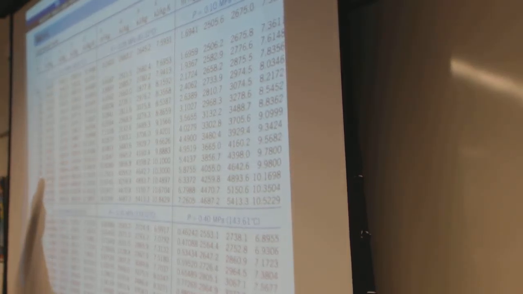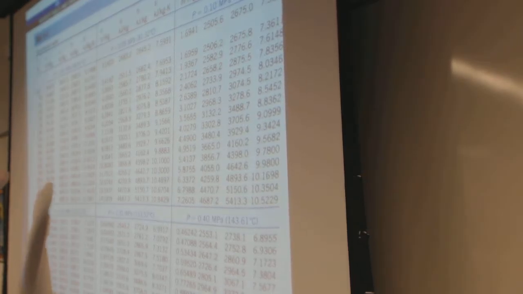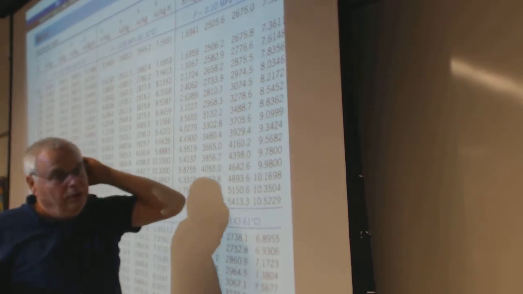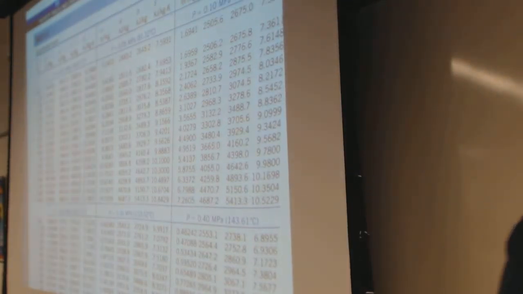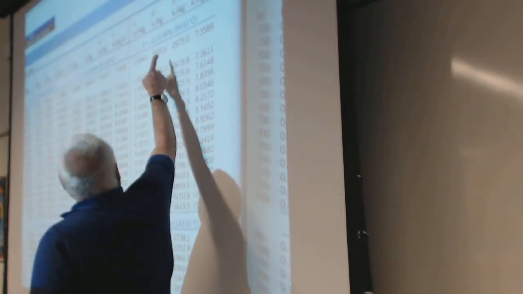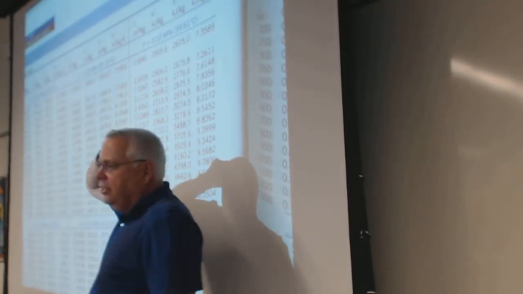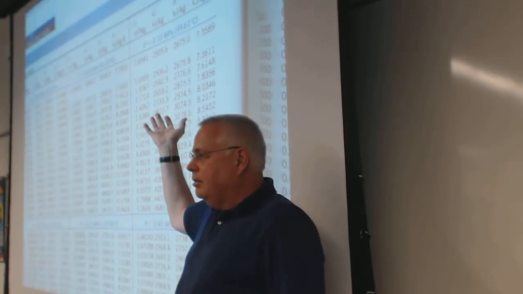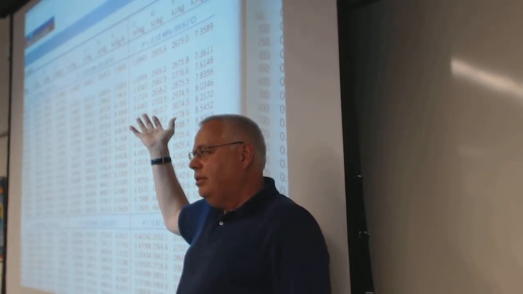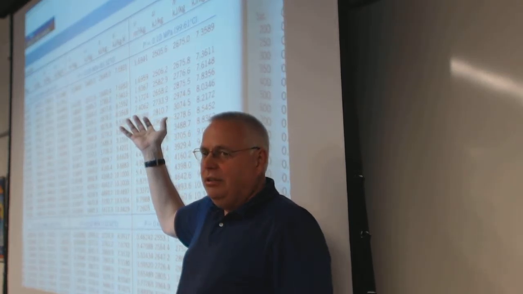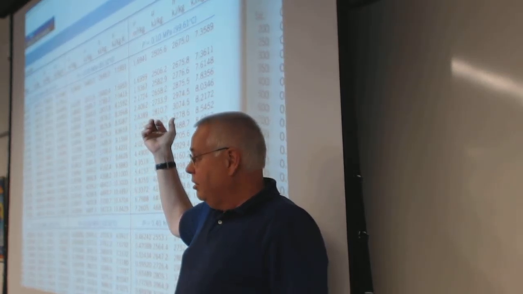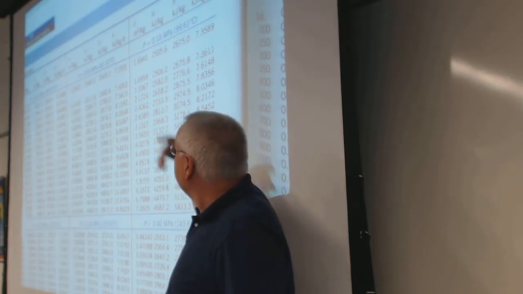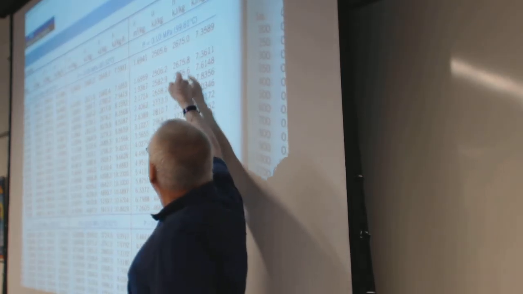So for instance, let's look at this one here, 0.1 megapascals. What's that in kilopascals? It's 100 kilopascals, close to atmospheric pressure, which is really 101 point something. But this is 100 exactly.